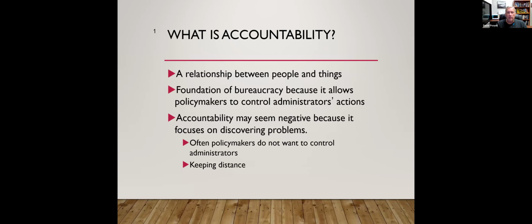So accountability is essentially looking at the relationship between people and things. And so usually when we talk about accountability in the public sector, we're looking at the relationship between people and money. As public administrators, as bureaucrats, we are managing public taxpayer dollars.